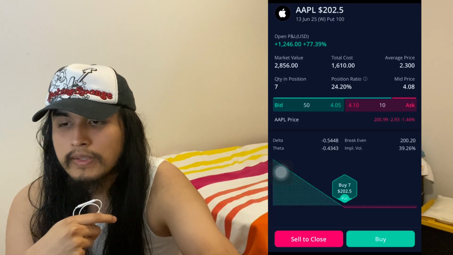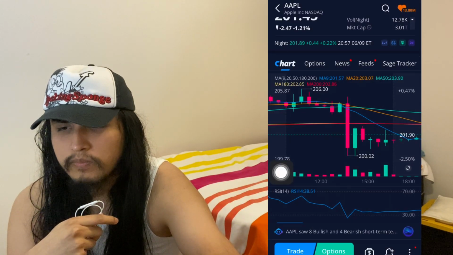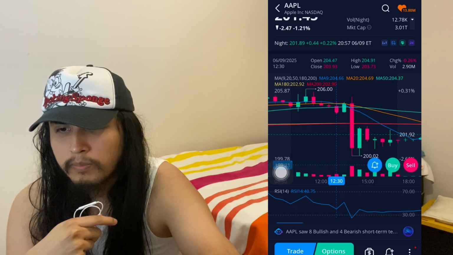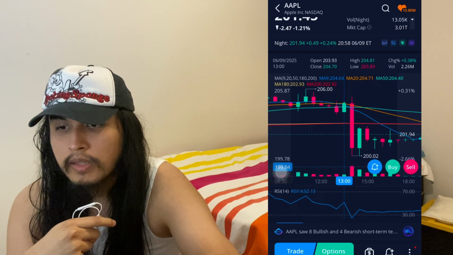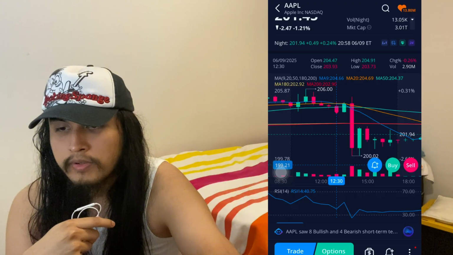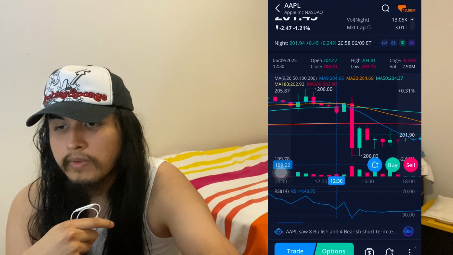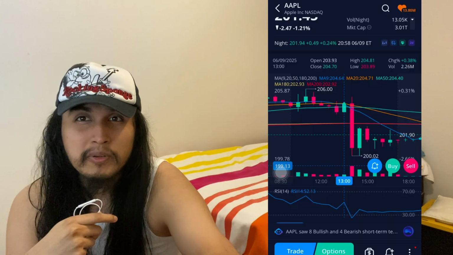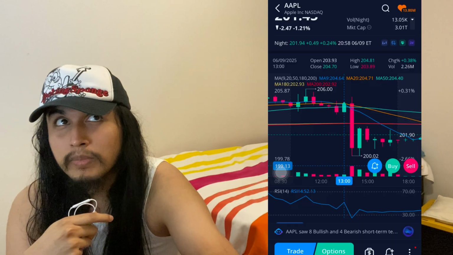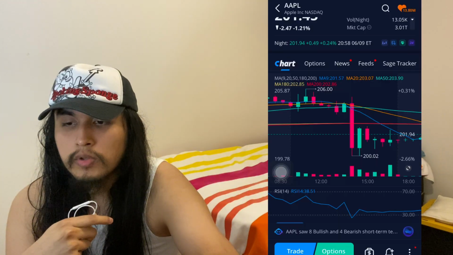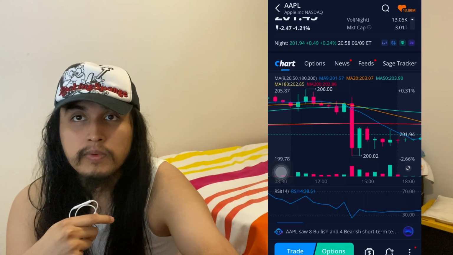And so for me in this case, what made me play put options on Apple was basically the 9-day moving average had recently crossed over below the 20-day moving average, and to me that meant that this could be a possibility that Apple's momentum could transfer into being bearish for the day.